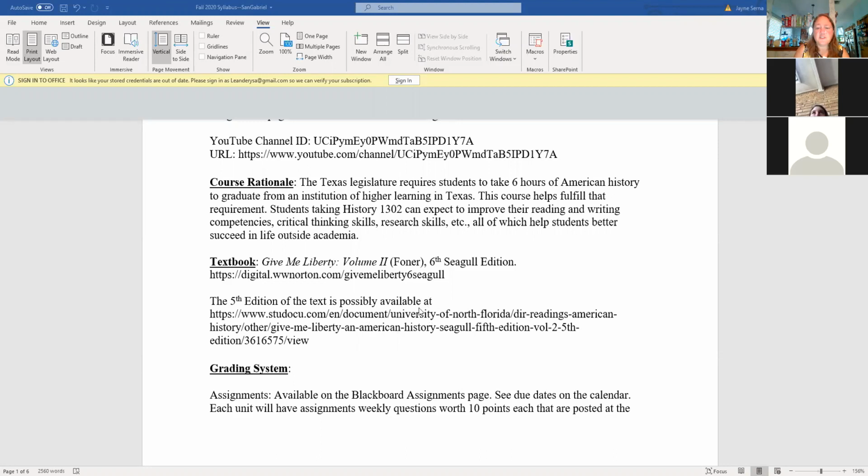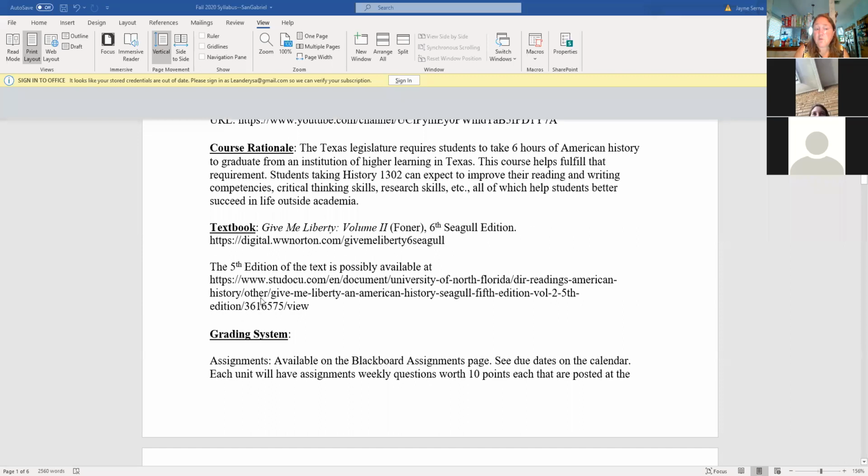In the 6th edition, they've added some stuff about Donald Trump. So if you use the 5th edition, I think you'll be fine until the very end. You guys are probably old enough that you noticed Donald Trump. So I think you would be fine with the online version if you don't want to buy one. But if you do want to buy one, go through the campus bookstore or that link.